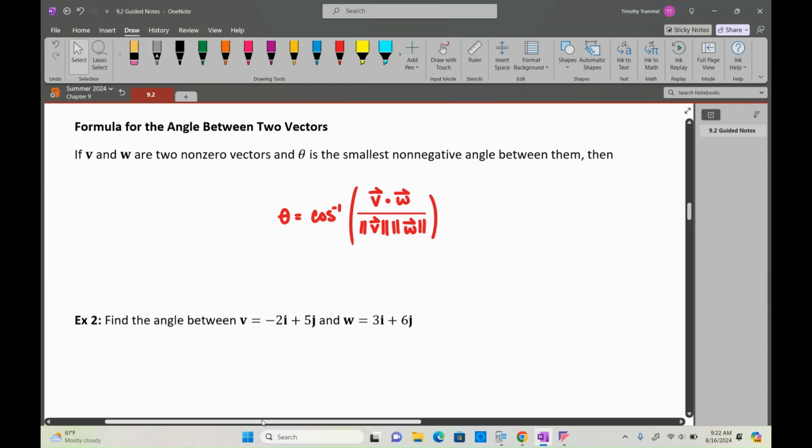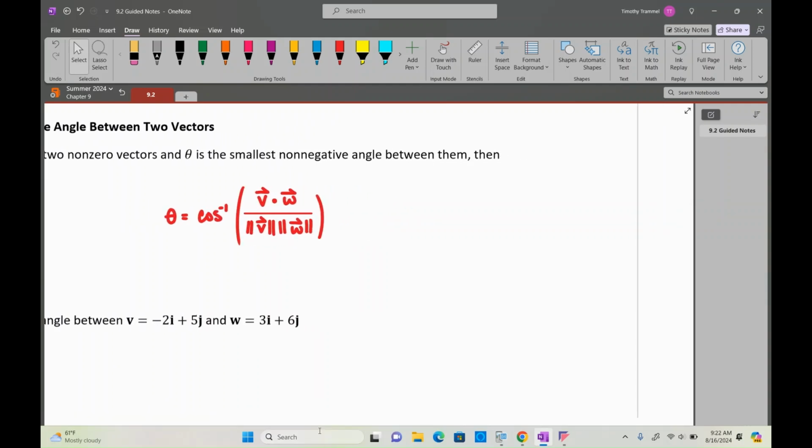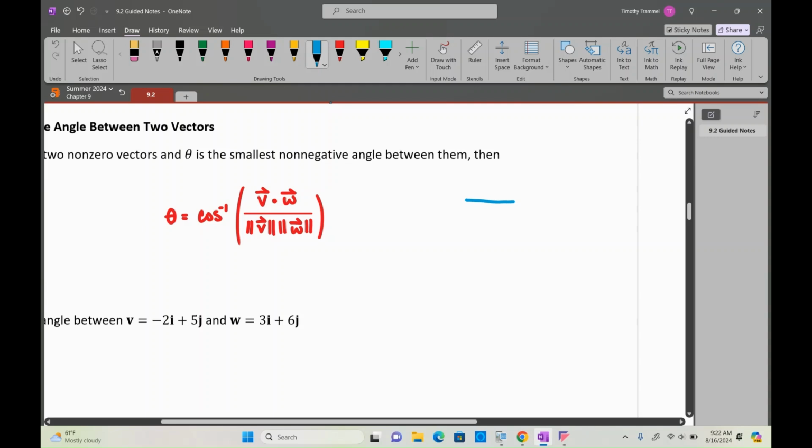When you use this formula, it will always find you the smaller of the two angles in between two vectors. For example, if we had this vector here and this one here, the angle that this formula would find for you would be this one. Do note that there is another angle over here.